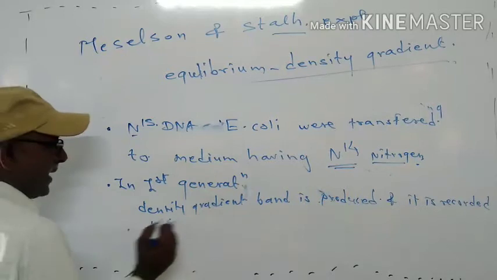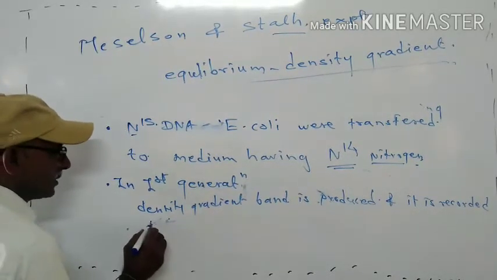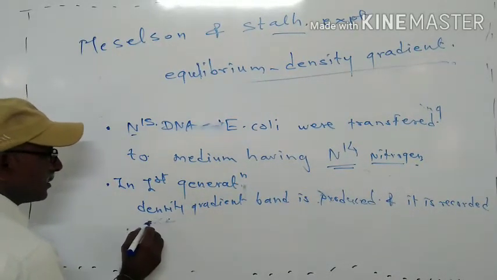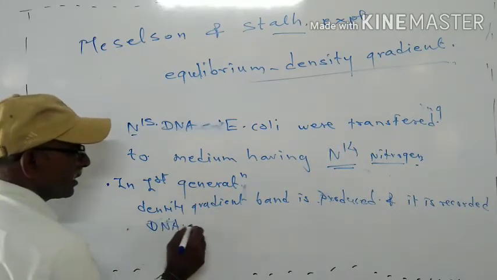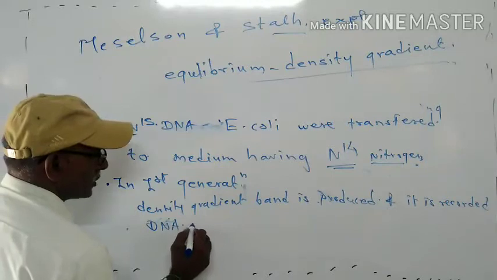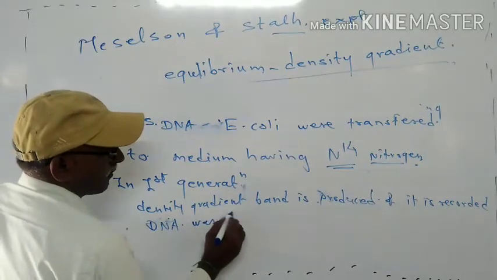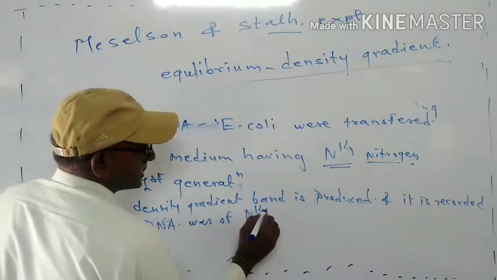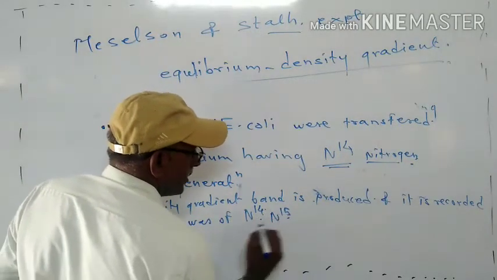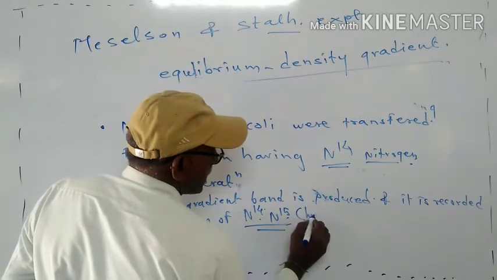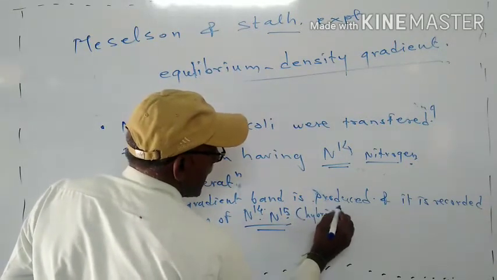And the band which we get was of DNA with one strand of N14 and second strand of N15, means this hybrid strand.